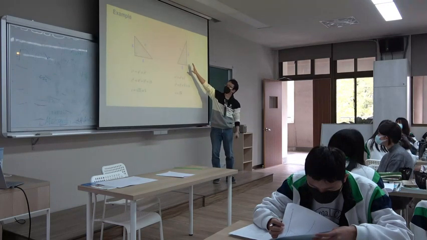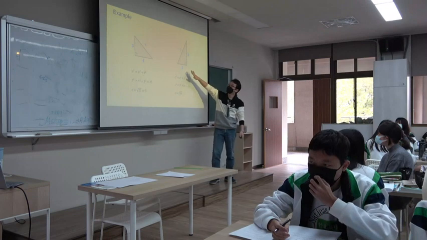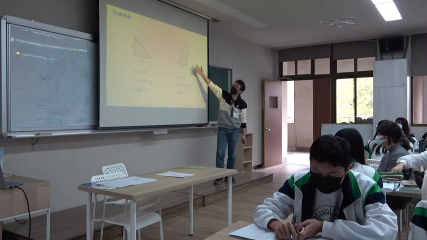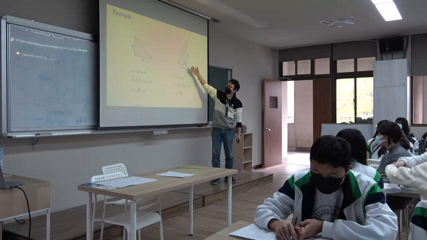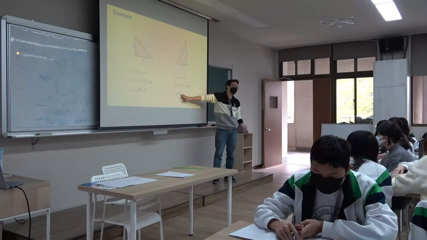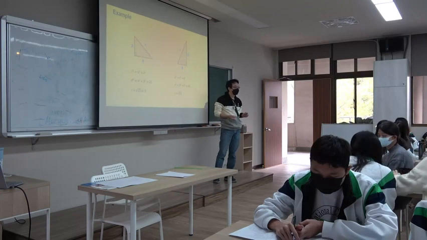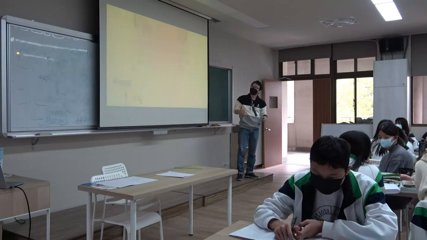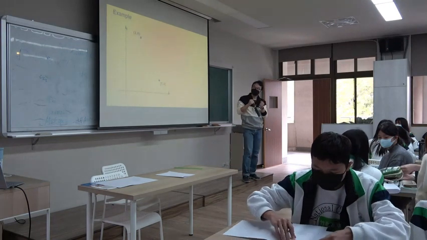Here is another example. We have the legs 3 and 5, and we can find the length of the hypotenuse by using this theory. Okay, this is easy.